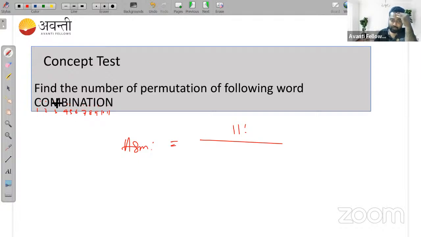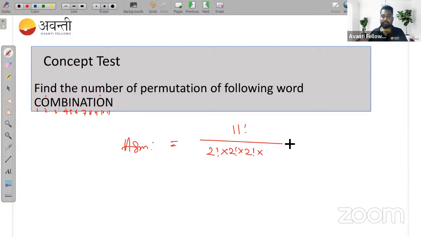O is repeated, that is twice, that is 2 factorial. M is not repeated. B is not repeated. I is repeated twice, that is 2 factorial. N is repeated twice, that is 2 factorial. A and T are not repeated. So this is the answer actually.